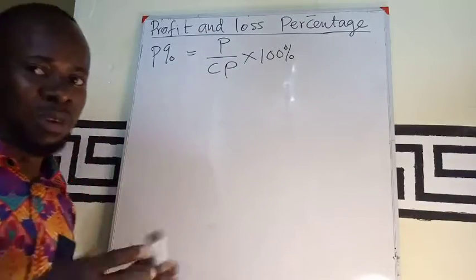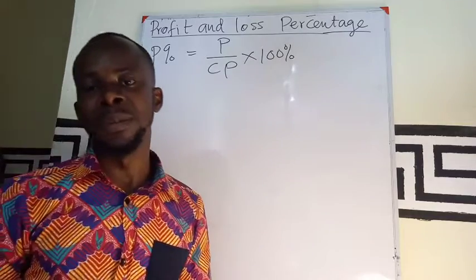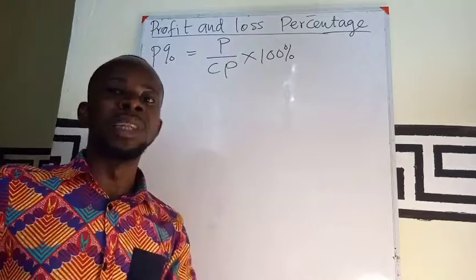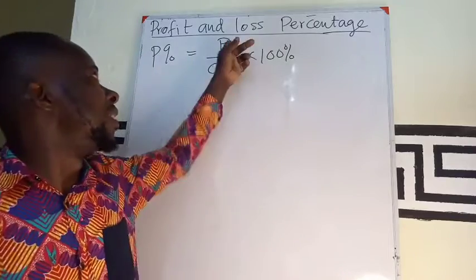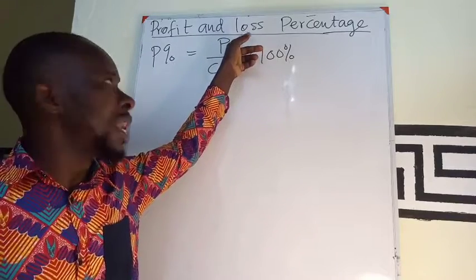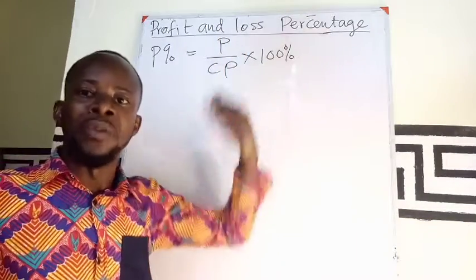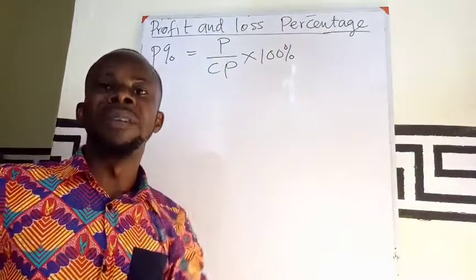That is, to refresh our memory on percentages, expressing two quantities as a percentage of the other: if quantity A is the profit and the other quantity is the cost price, it's going to be profit over cost price times 100%.